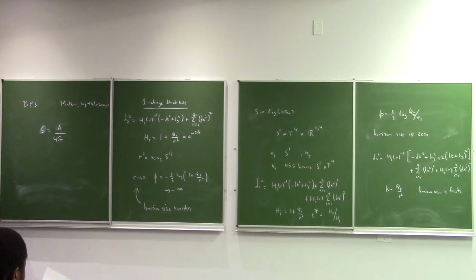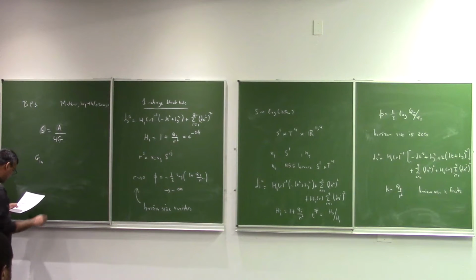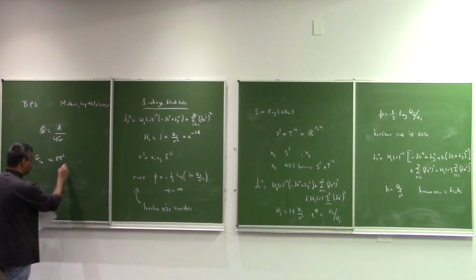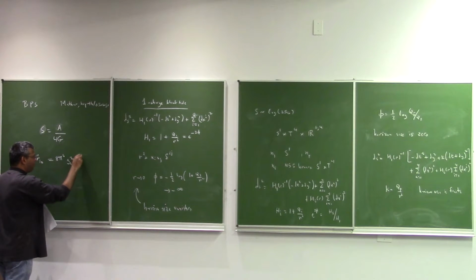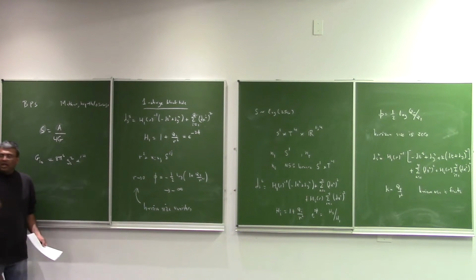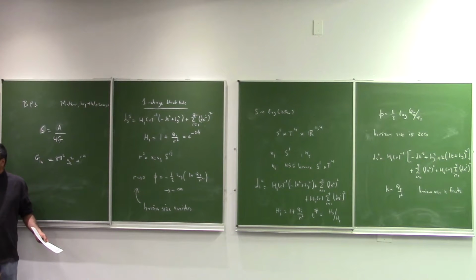Now, in string theory, we're working in 10 dimensions. So G10 is 8 pi to the 6th times gs squared times alpha prime to the 4th. gs is the string coupling. It tells you the strength of the string interactions. And alpha prime is a string scale. It tells you the length of the string. Alpha prime is the length of the string squared.